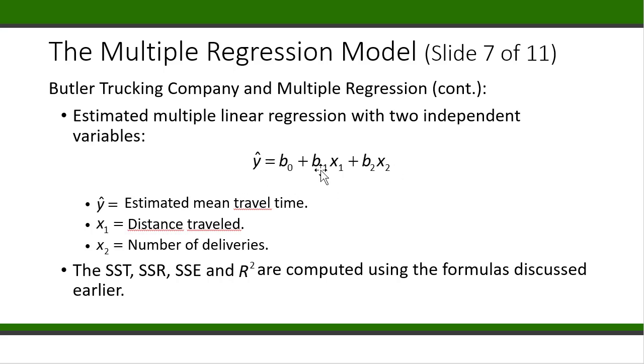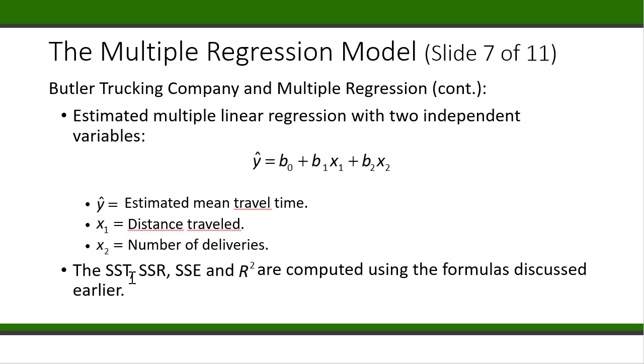We're just adding an additional b sub whatever number goes with the independent variable that we are using. So now we're adding number of deliveries. So we're only adding 2 independent variables now. So distance traveled and the number of deliveries might help us predict the mean travel time.